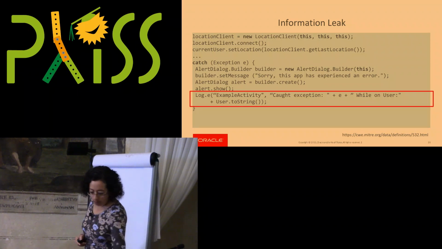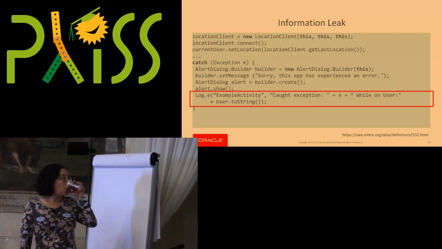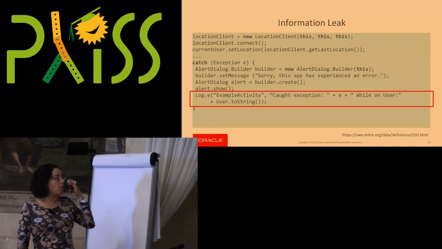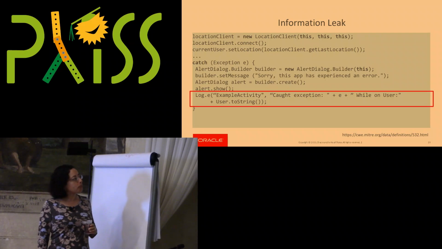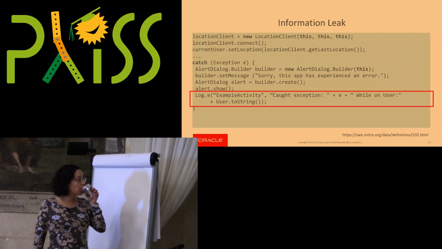But I don't get it, because in the third line we're doing something with the location to the local variable called current user, and then we print something about User capitalized, which is a different thing. So it's not obvious to me that we print the location of the user.